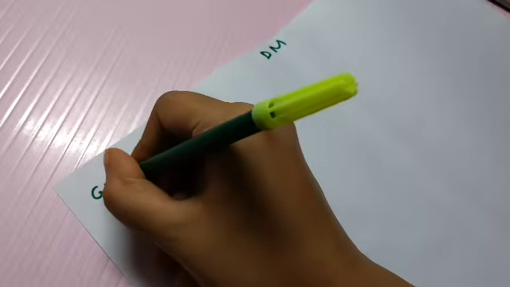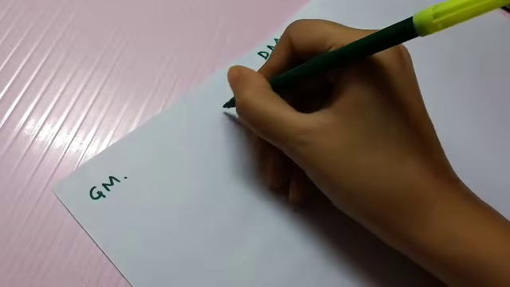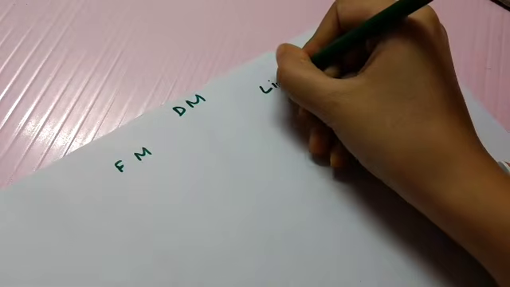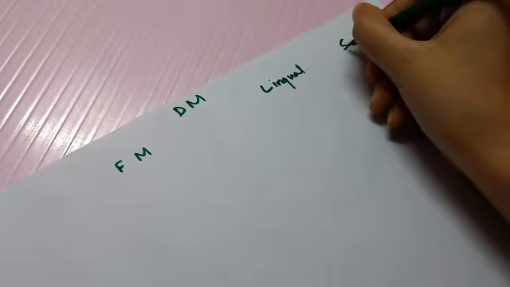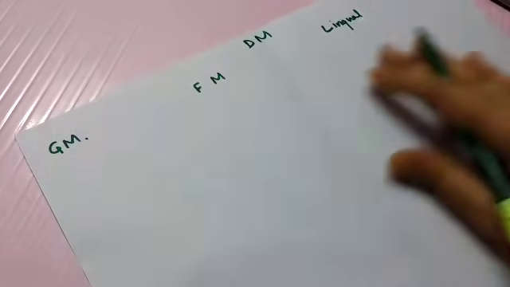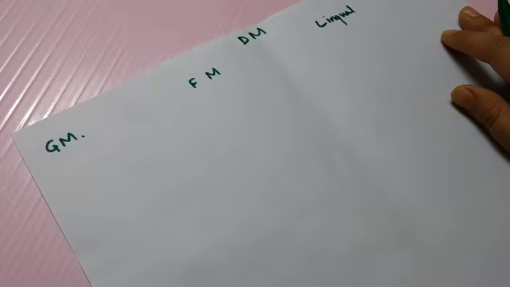So let's start with gross motor ones, and then there are fine motor, and then language and social. Basically they're divided into these 4 classes. I'll give you the basic ages, basic numbers which are common in all.